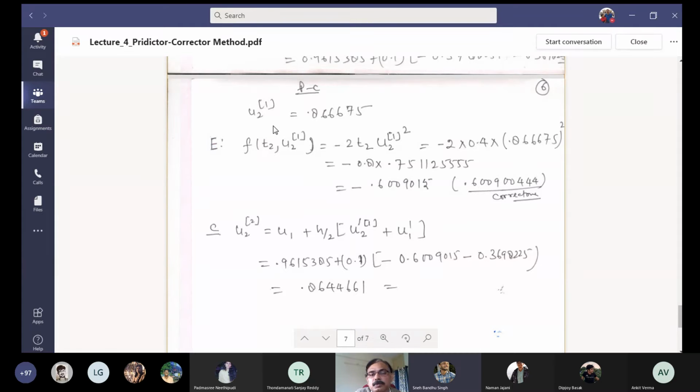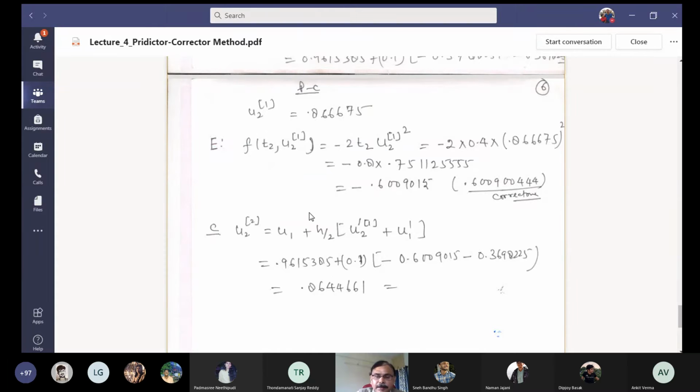So that is U21 and then U1 prime. Put all the values, everything is known. So put all the values, you get the next improved value U22, right? Is this process clear? Yes, sir. Others also? Yes, sir. Okay. So this process will repeat.